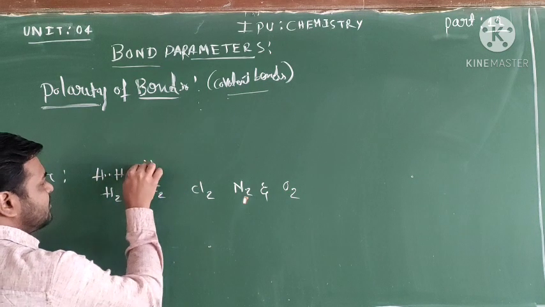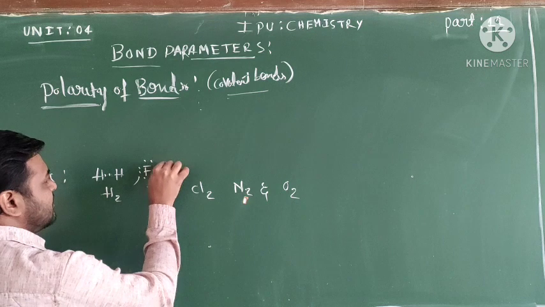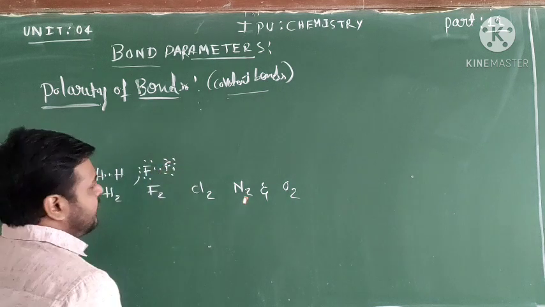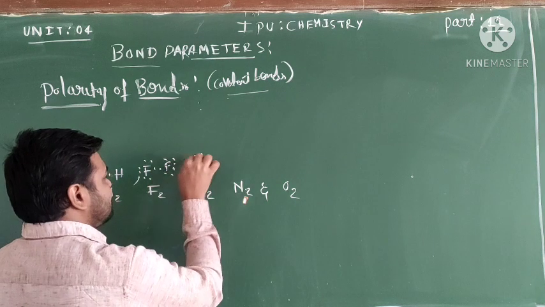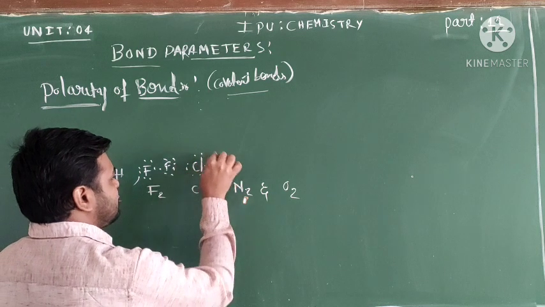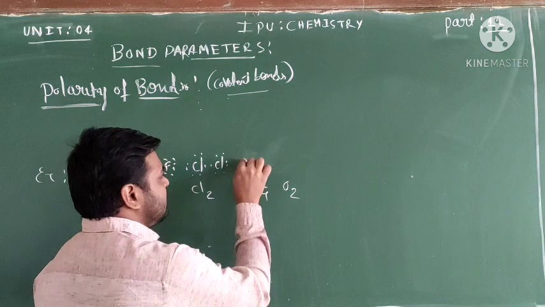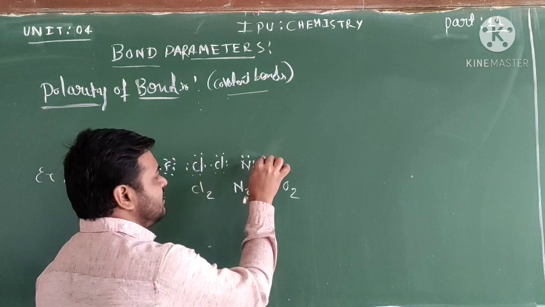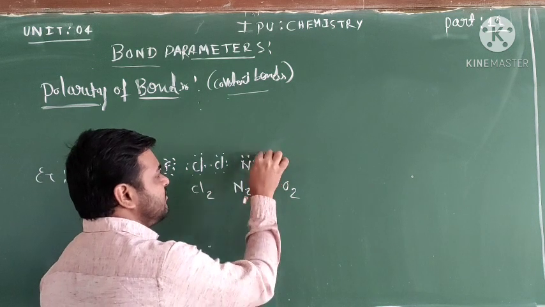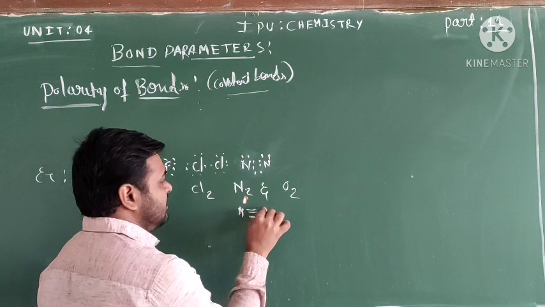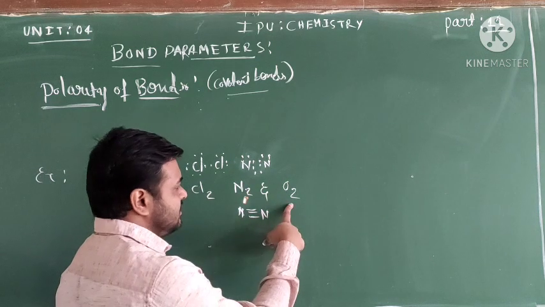In fluorine, the valence electrons are 7: 1, 2, 3, 4, 5, 6, 7. Chlorine is also the same. Nitrogen's valence electron count is 5: 1, 2, 3, 4, 5, and one more nitrogen with 1, 2, 3, 4, 5. So this gets a triple bond.